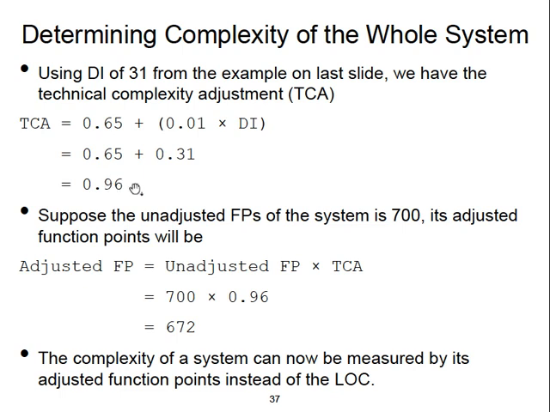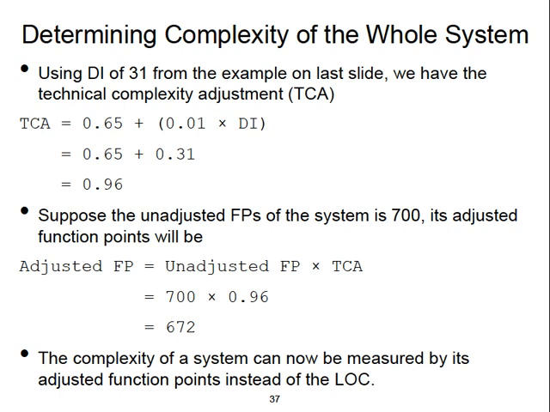In that case, after adjustment, the number of function points will be the same. But the system we're working on right now has 31. That means it's lower than the 35 midpoint, so this is a system on the simpler side.